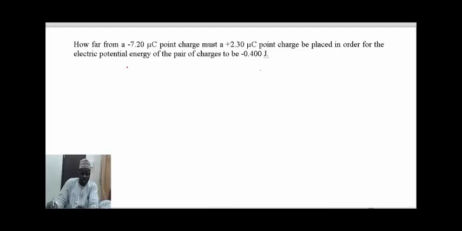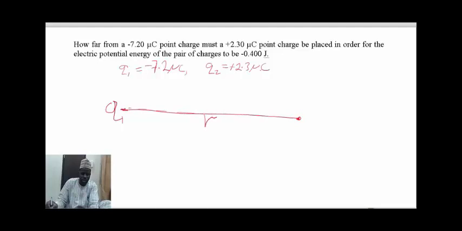So here, let's say this is our first charge, minus 7.2 microcoulomb, and the incoming charge, which we are to place subsequently, is positive 2.3 microcoulomb. If we put Q1 here, at any distance R from it is going to create a potential V given by K Q1 over R. So there will be this potential at this point due to this charge.